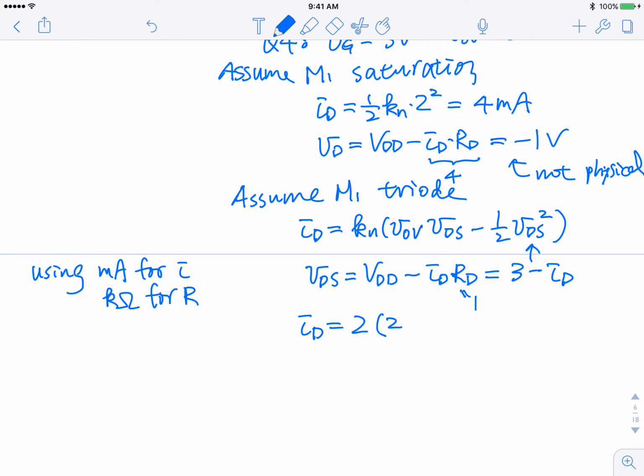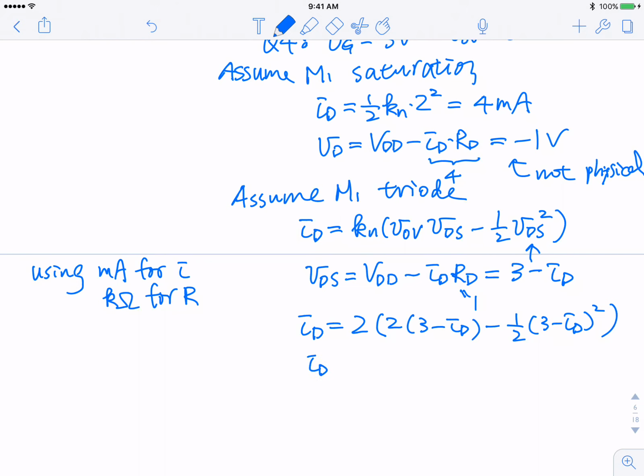Yeah, okay, we can solve it this way. So 2 times (3 minus ID), minus 1/2 (3 minus ID) squared, and you solve the current. So now it starts to be a little bit more complicated. This is a second order polynomial equation.